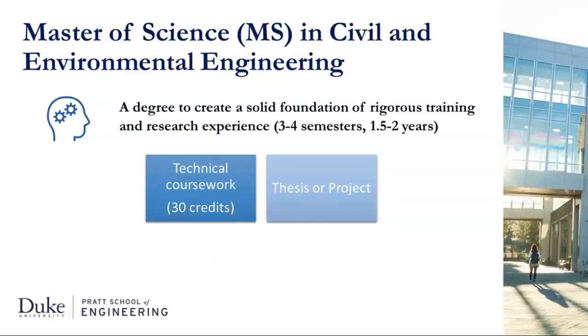The MS curriculum is more tailored towards research, again, whether that's in the private sector or academia. So the degree can involve technical coursework in an area of interest, as well as various options for research, including a thesis or a project. The thesis is an independent research effort culminating in a written description of that research, and a project is a more applied work or a review.